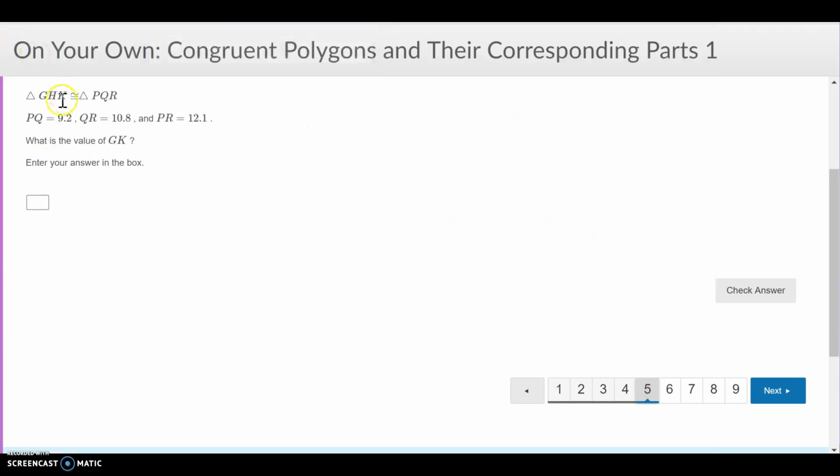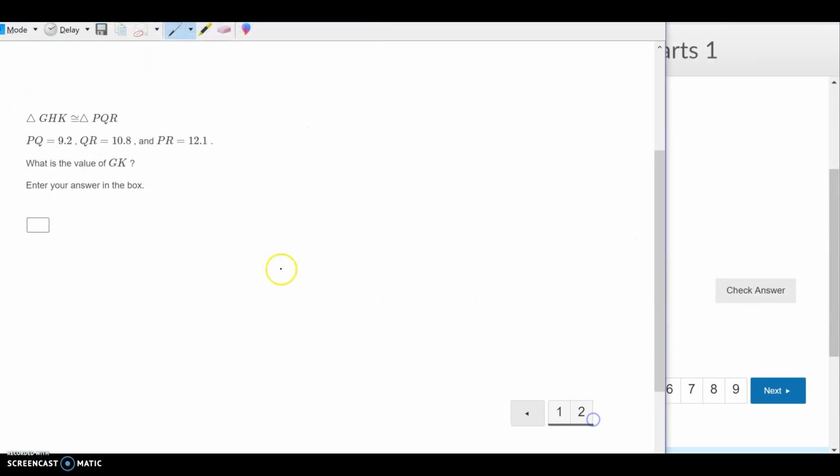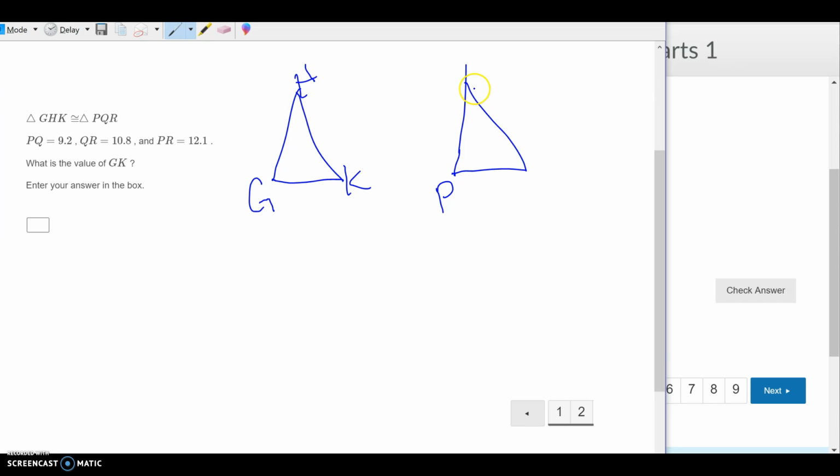Let's take a snip so we can draw our triangles. All right, triangle GHK, and triangle PQR.